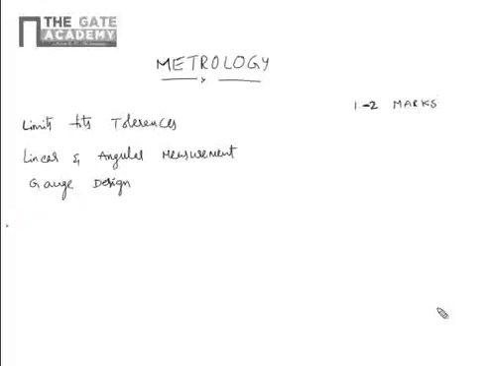So first we start with limits, fits and tolerance. So what is limit? For any manufacturing component there must be an upper limit and a lower limit. These are called limits. Two extreme permissible sizes are called limits.